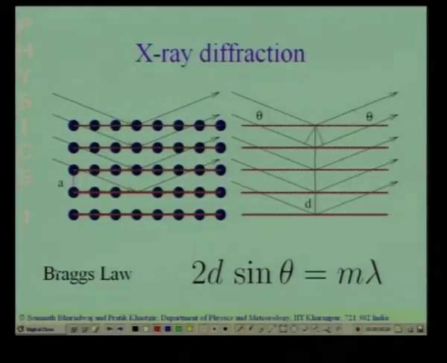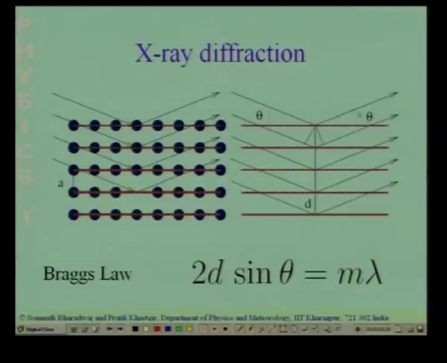So, if I consider a situation where the X-ray is incident at a grazing angle theta, we want to see what is going to be the intensity of the radiation that is scattered out, rather reflected out, from these planes.